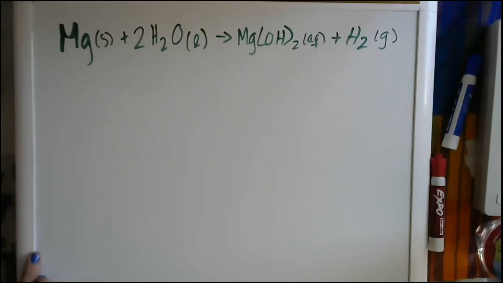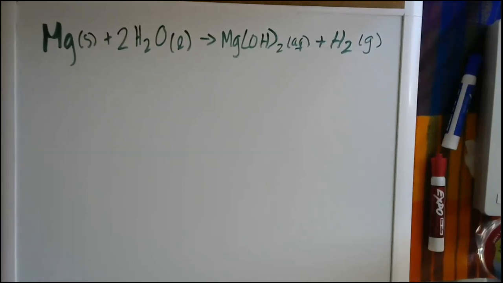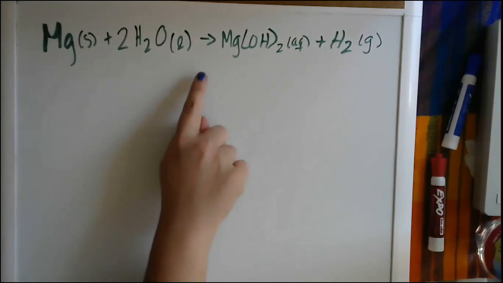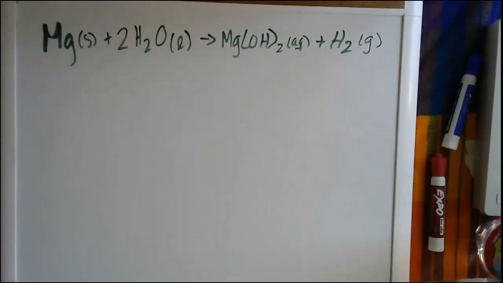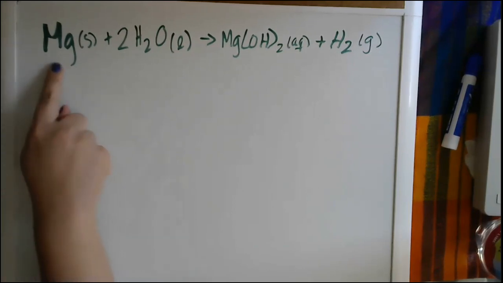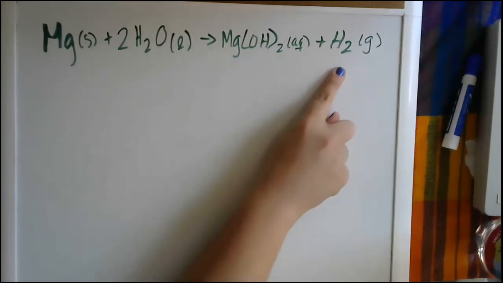Okay, so here's our reaction. Now the first thing that you need to do is go through and assign oxidation states to every single atom in this reaction, step by step, just like what we were doing before. I like to start with the things that are in their elemental form.